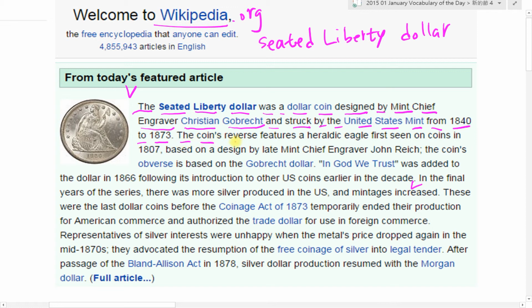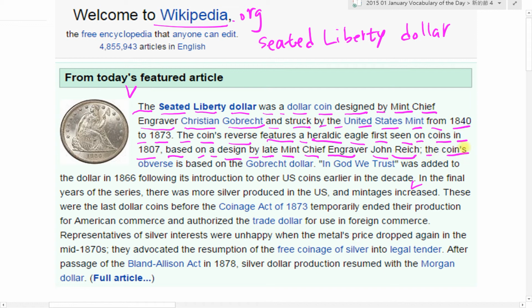The coin's reverse features a heraldic eagle first seen on coins in 1807, based on a design by late Mint Chief Engraver John Reich.